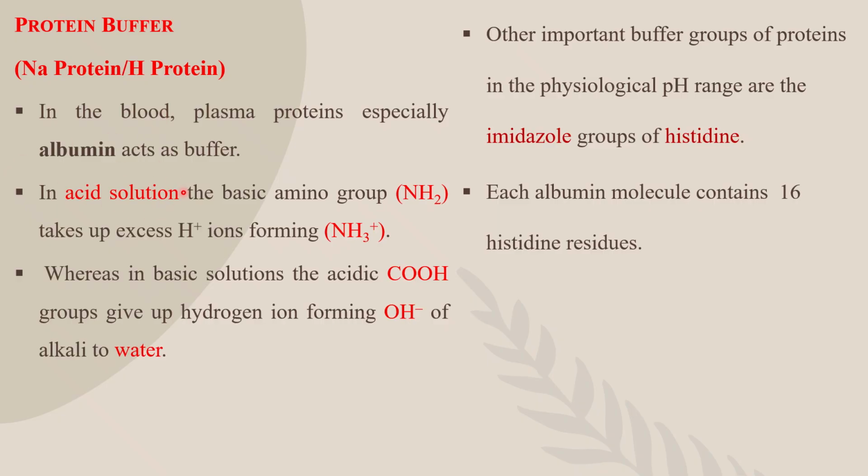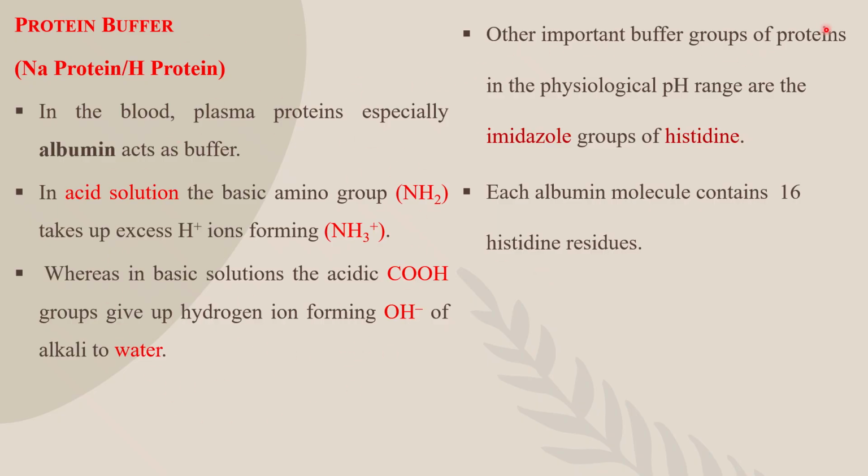In acidic solution, the basic amino group takes up the excess H plus ion, forming an ammonium ion. Whereas in basic solution, the acidic carboxyl group gives up its hydrogen ion, which converts the OH minus of the alkali to water. So this is how they maintain the pH of the blood.